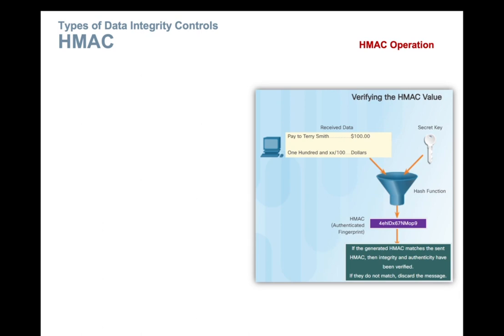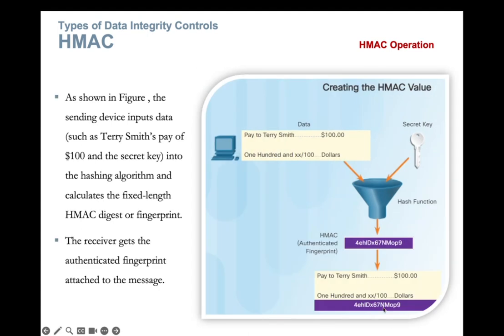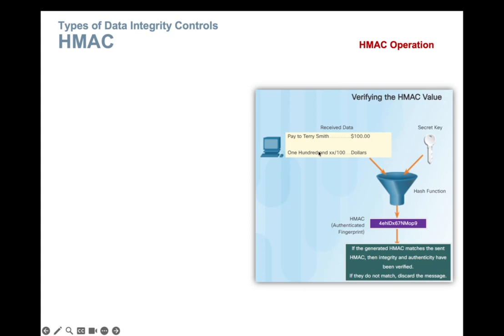The receiver device removes the fingerprint attached to the message, and uses the received plain text message with the secret key, which was already exchanged between the two parties prior to this data exchange, as input to the same hash function.